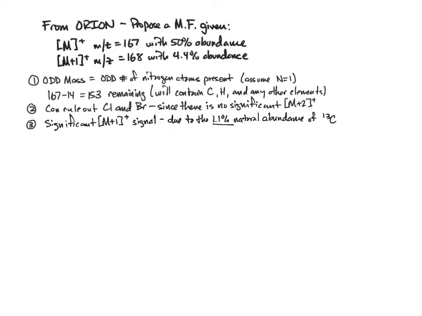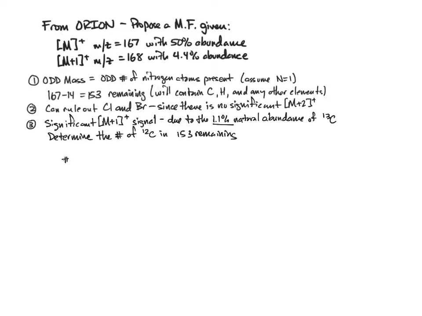So what that allows us to do is determine the number of carbon in the 153 remaining from step 1. So how do we do that? Well, we can use this equation.